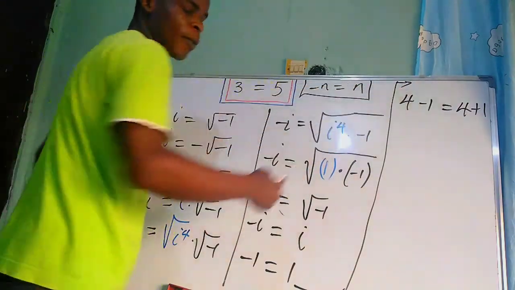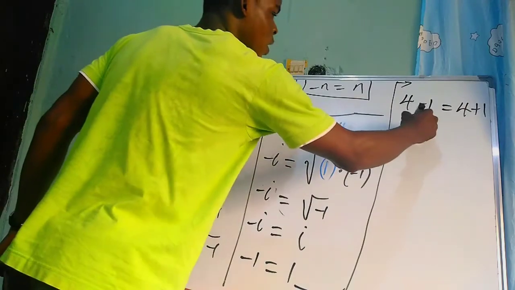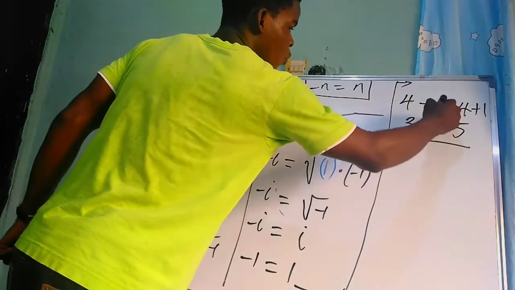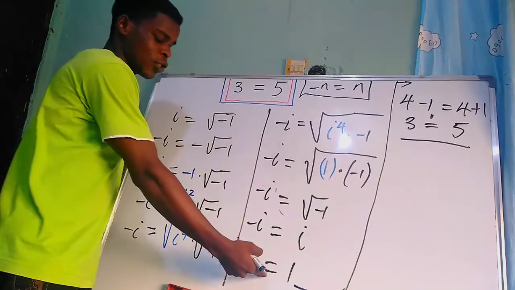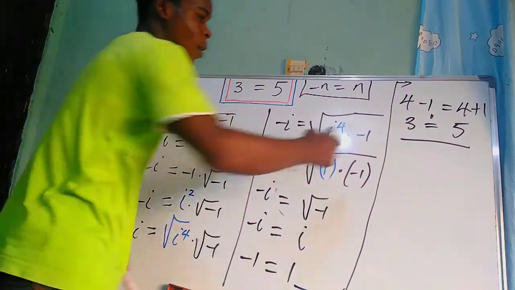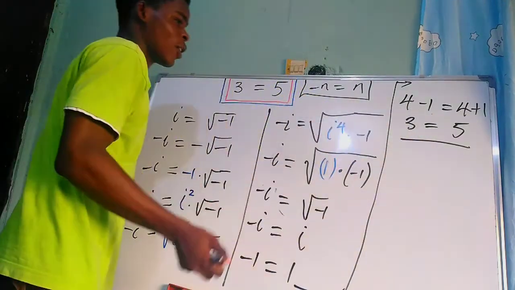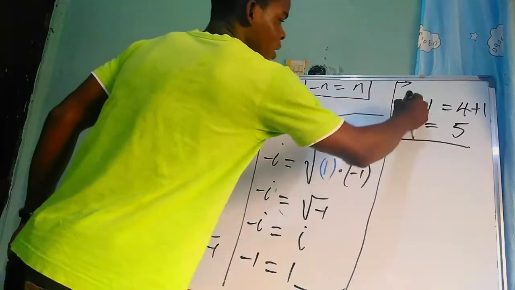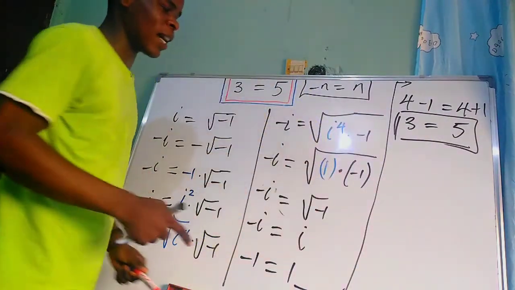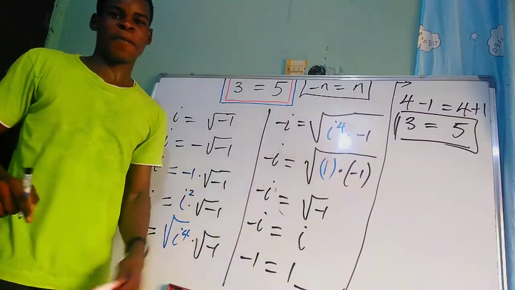So 4 minus 1 is giving us 3, and 4 plus 1 is giving us 5. And of course, we are using the equality sign, just like it is here. So we just added 4 on both sides for the sake of justice, and we have 3 equals 5. So now you see that 3 is equal to 5. And besides, this is actually wrong in math, so where is the error?